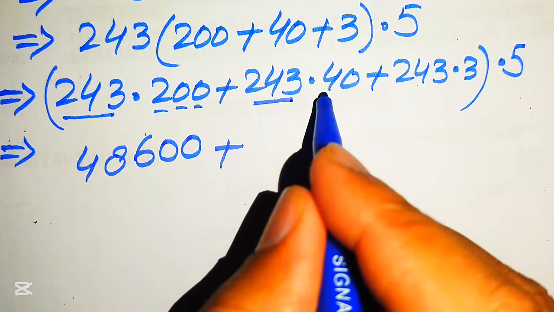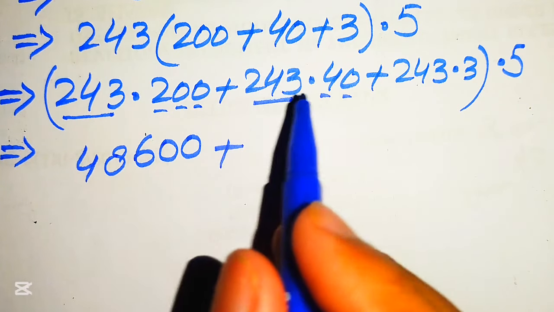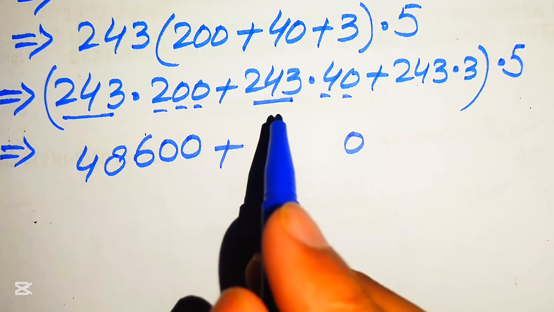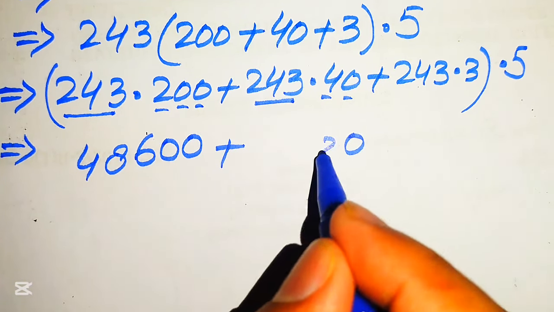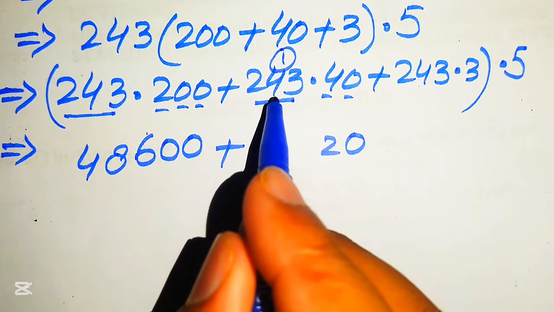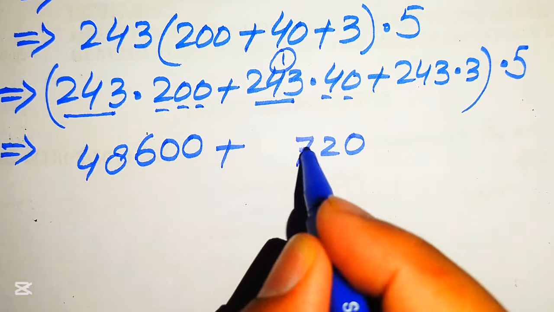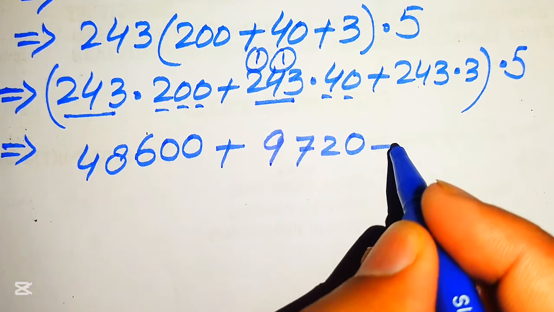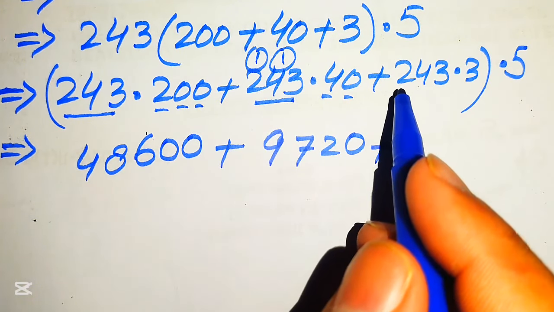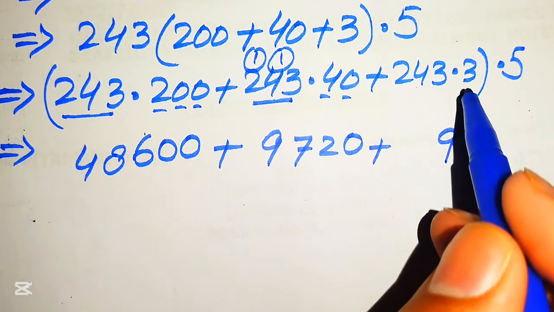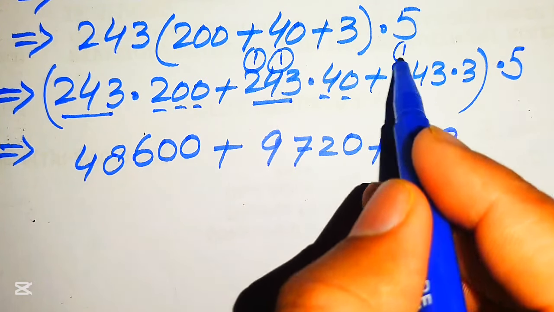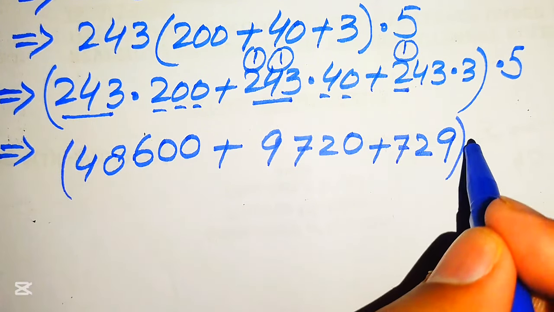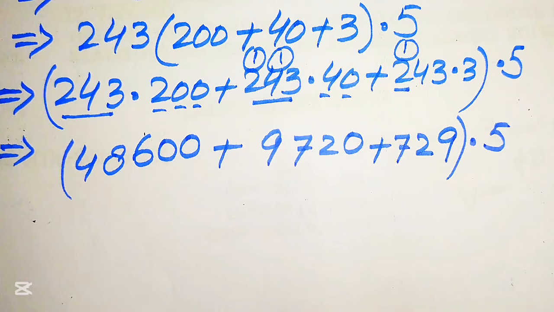Plus, we multiply 40 with this number: 0 gives 0, and 4 3s are 12, we write 2 and carry 1. 4 4s are 16, 16 plus 1 is 17, we write 7 and carry 1. 4 2s are 8, 8 plus 1 is 9. Plus we multiply 3 with this number: 3 3s are 9, 3 4s are 12, we write 2 and carry 1. 3 2s are 6, 6 plus 1 is 7. And at the last we multiply it with 5.